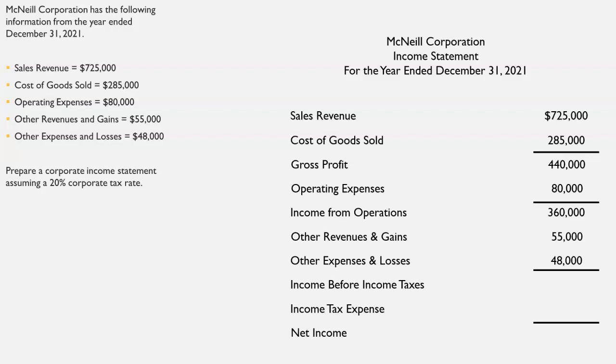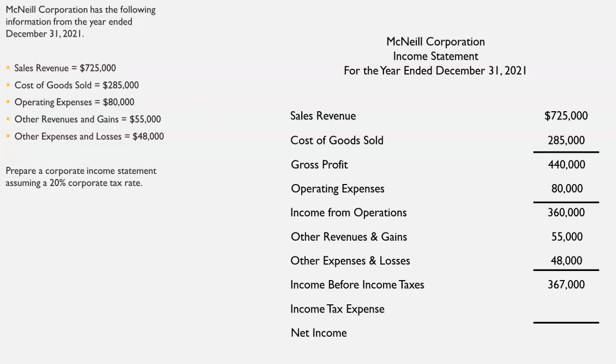So we take 360 plus the 55 minus the 48, and our income before income taxes are 367,000. So far, nothing has really changed from the income statements that you've learned in previous chapters. This step here is where things are a little different.